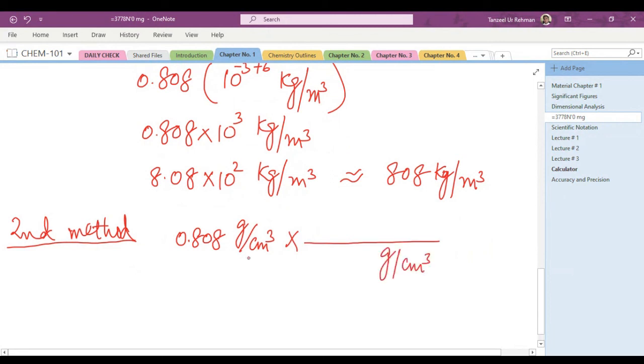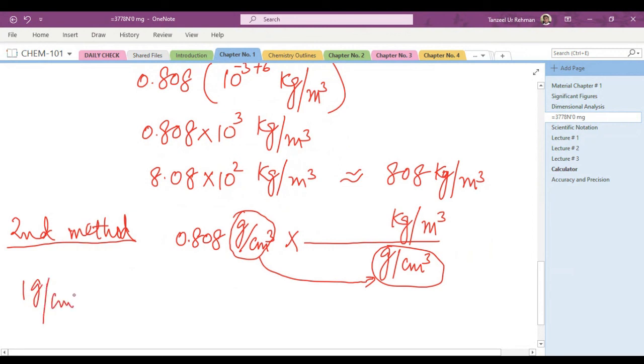We write it down, because the same unit that is given you will always write down. And what you have to calculate is kilogram per meter cube. Okay friends, we have studied in our previous lecture that 1 gram per centimeter cube is equal to 10 to the raised power 3 kilogram per meter cube. It means with gram per centimeter cube it is 1, so write 1 here.